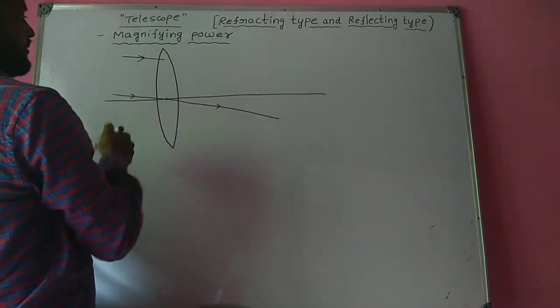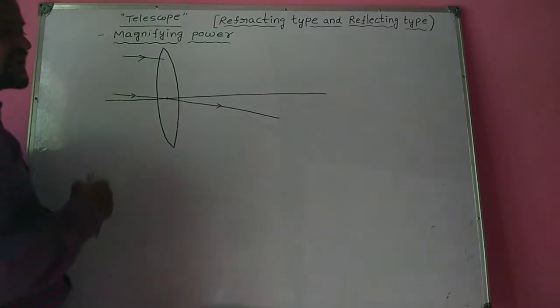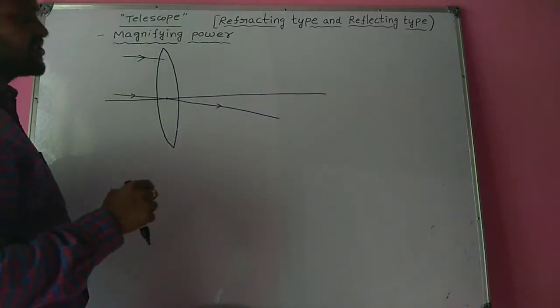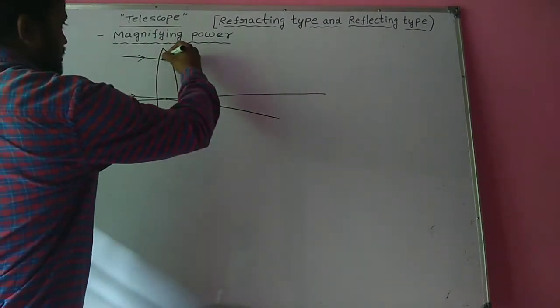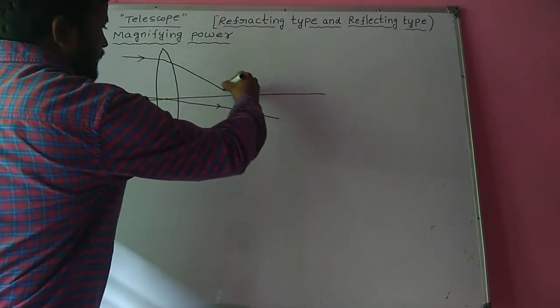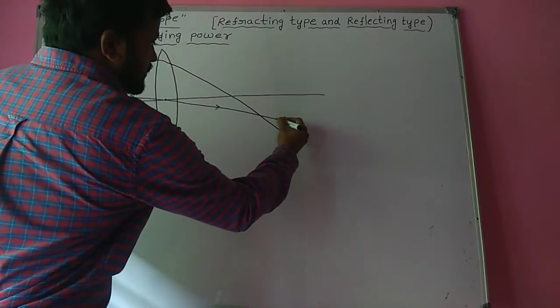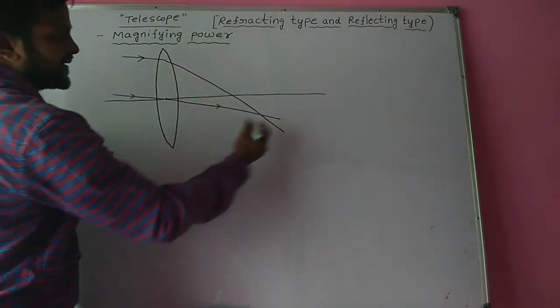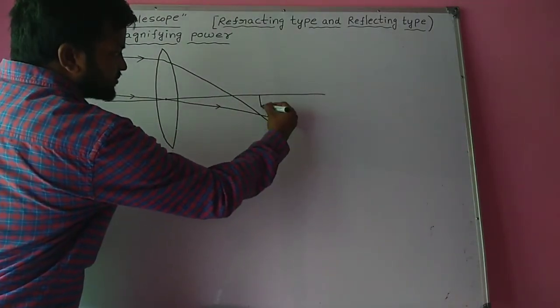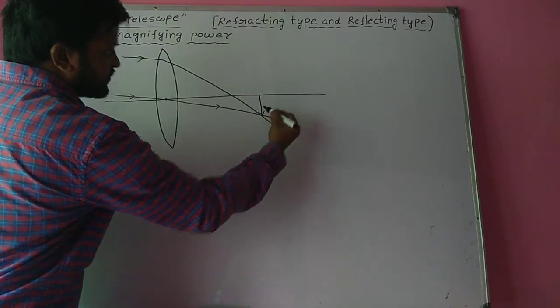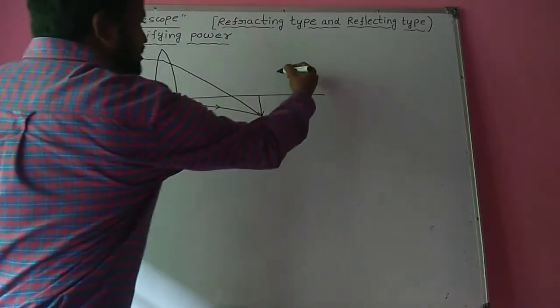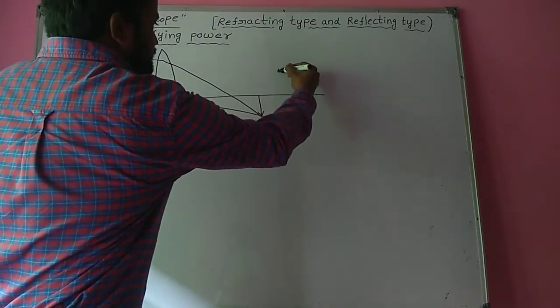Now whenever this light ray is incident on this lens, it undergoes refraction, and it moves like this. Where the two light rays intersect, there it forms the image. Now this is the lens.